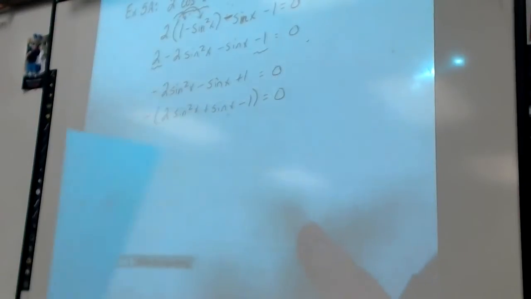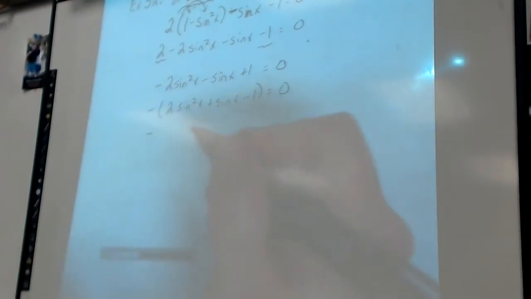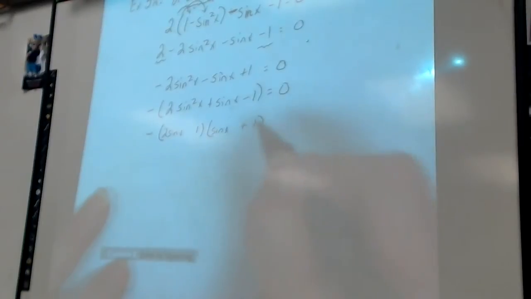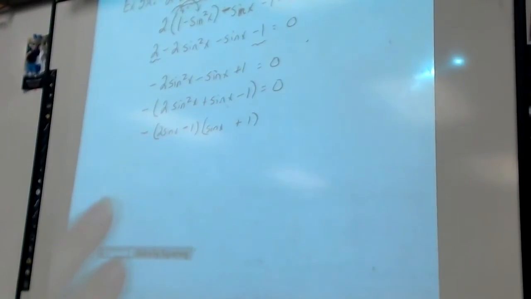All right, so same idea. Put our negative. So we have 2 sine x and sine x, just like we had 2x and x. 1, 1, and we want the 2 to be positive and the 1 to be negative. So when we add them together, we would get 1 sine x in the middle, equals 0.